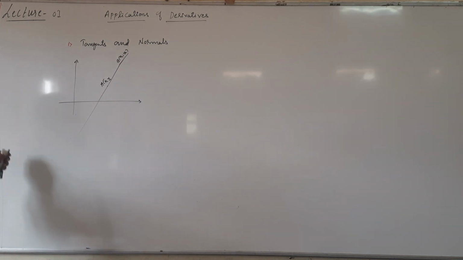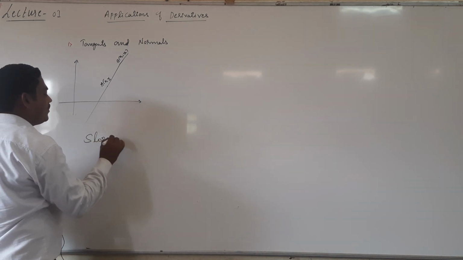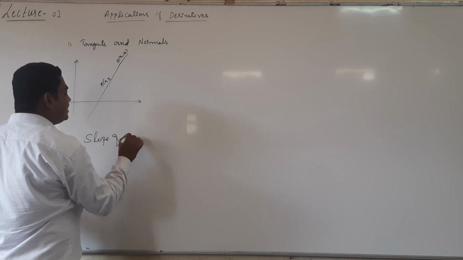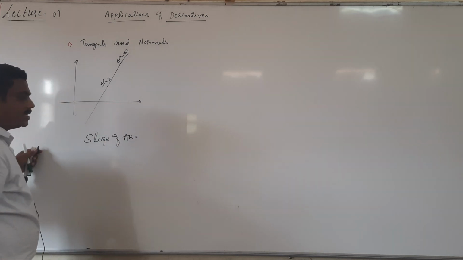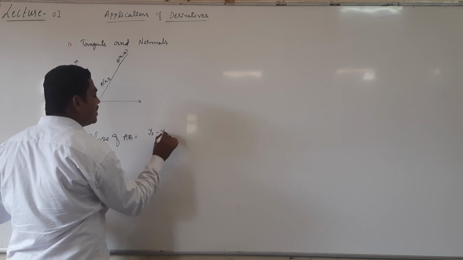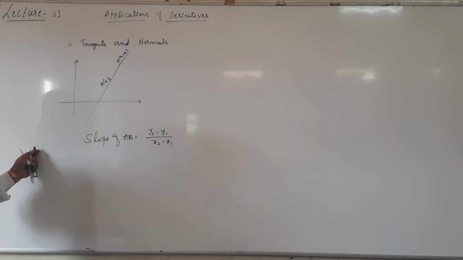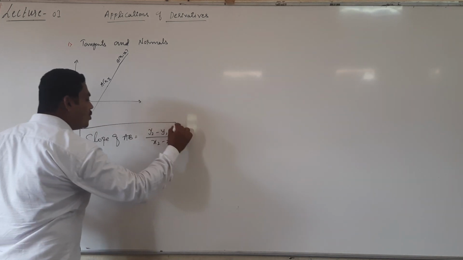Then what is the slope of the line joining 2 points? Already you know the formula. Slope of AB is equal to y2 minus y1 divided by x2 minus x1.